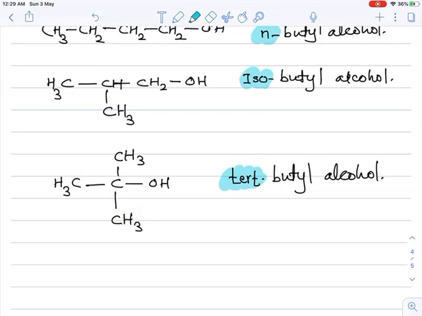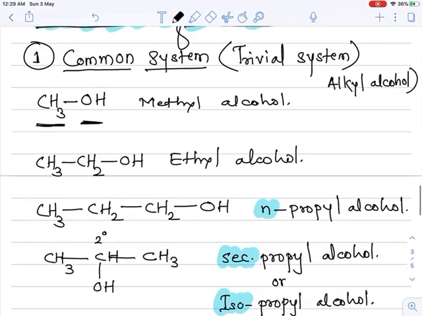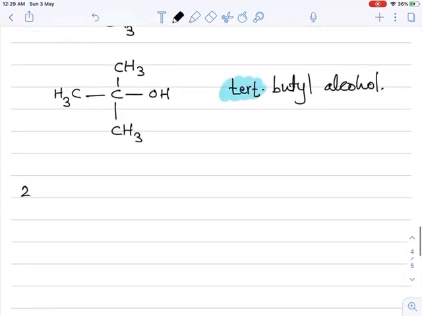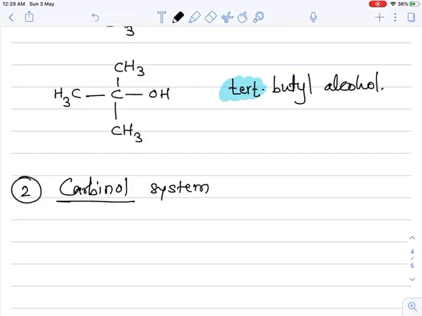Now the second nomenclature system is the carbinol system. In this system, carbinol means a one carbon containing alcohol.